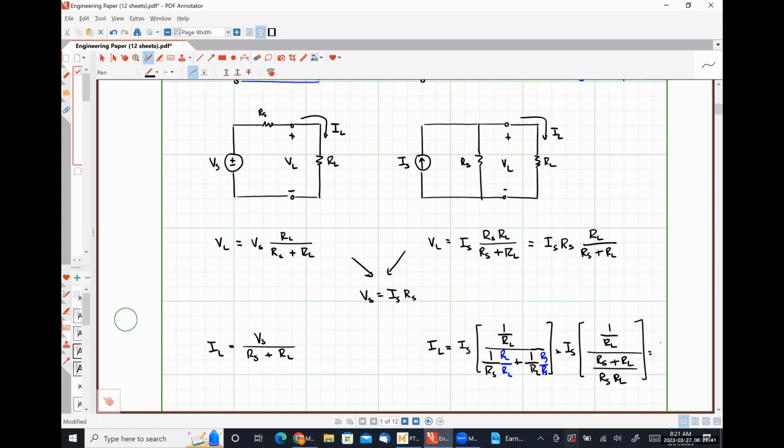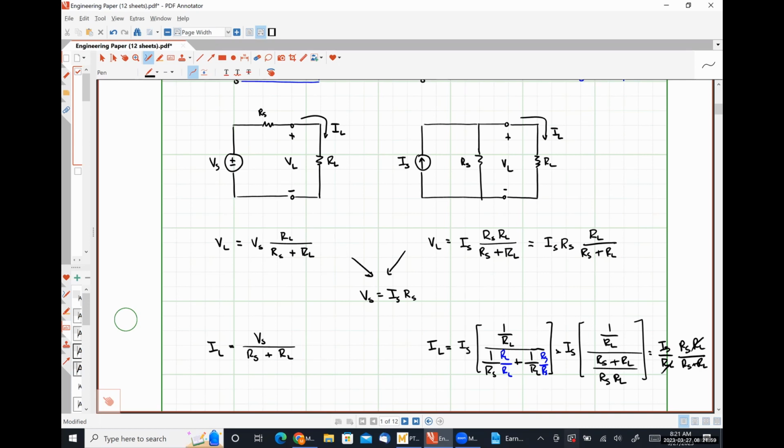So that's going to look like IS over RL times RS times RL over RS plus RL. And the RLs cancel each other out.